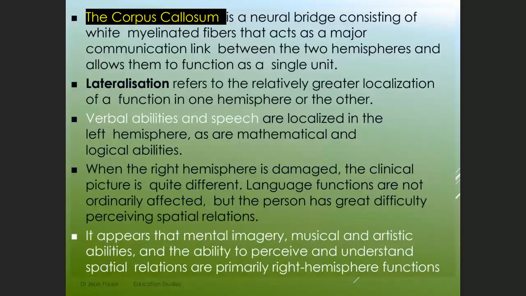These two hemispheres are linked by the corpus callosum, which is a neural bridge consisting of white myelinated fibers or neurons that acts as a major communication link between the two hemispheres, allowing them to function as a single unit.